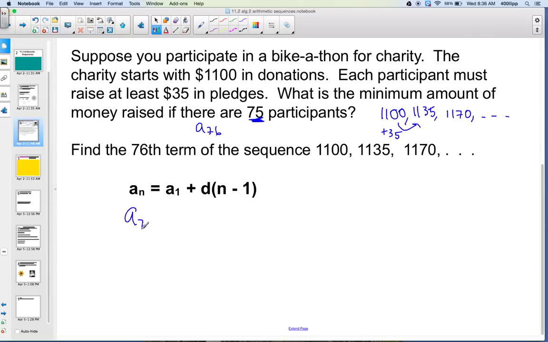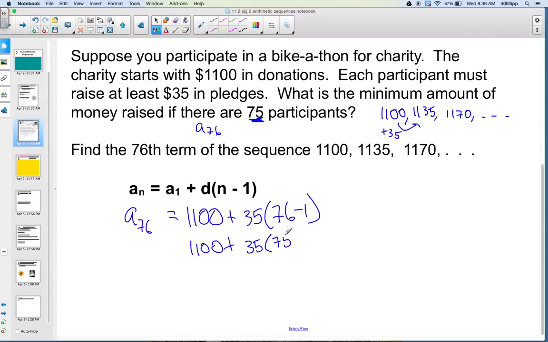We're going to find a sub 76 is equal to, our first term here is 1100. Our common difference d, we're adding 35 each time. N is 76, because that's what term we're finding, minus 1. So we have 1100, we're using order of operations here, 35 times 75, and then we'll multiply that out. 35 times 75 is 2625.